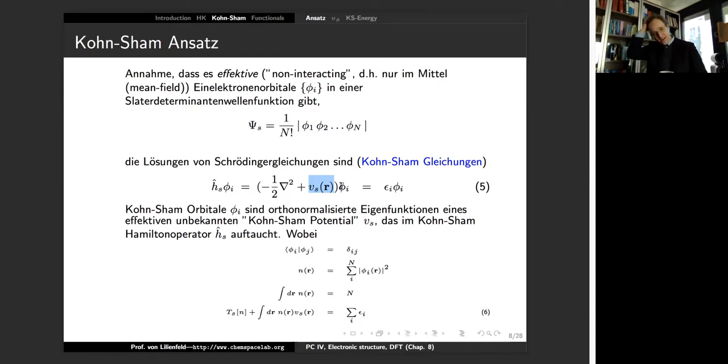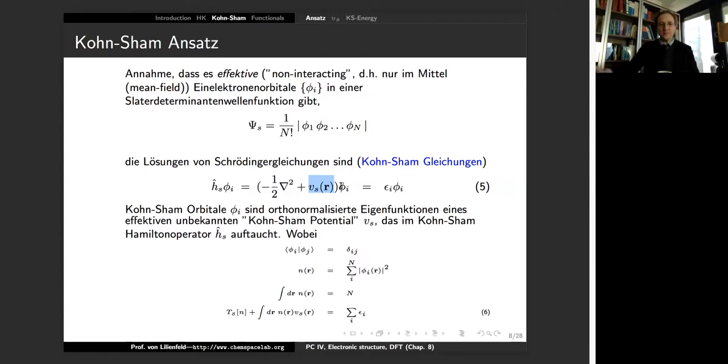These methods are called hybrid methods, some sort of Frankenstein, if you wish, between Hartree-Fock and Kohn-Sham, and currently yield some of the best numerical predictions of chemical properties in quantum mechanics.